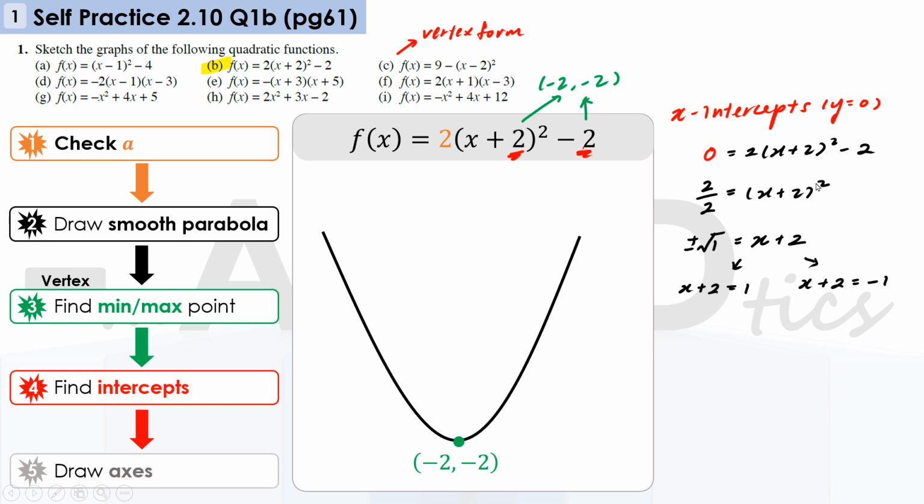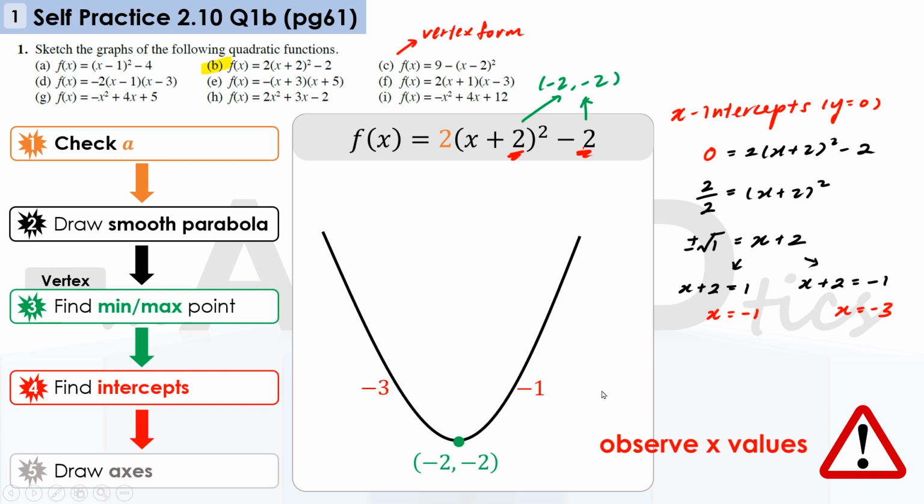Because of the square, when I move it to the other side, we will have plus and minus. Plus or minus 1. And then my x-intercepts will be negative 1 and negative 3. If you want to place these two values on this graph, you need to monitor the x-coordinate of the minimum point first. The value which is less than negative 2, which is negative 3, must be put on the left. Then this negative 1 must be on the right.